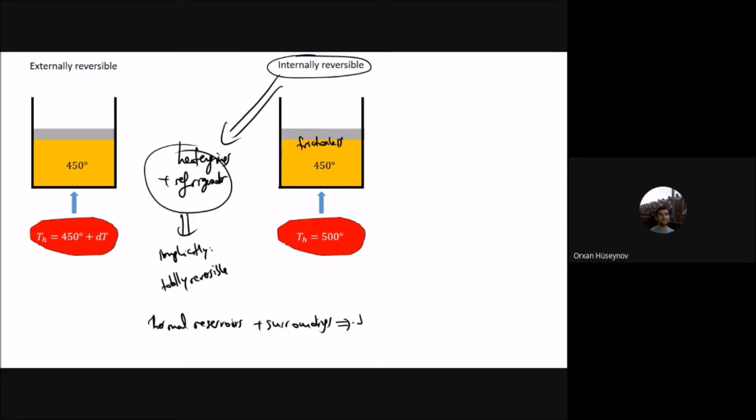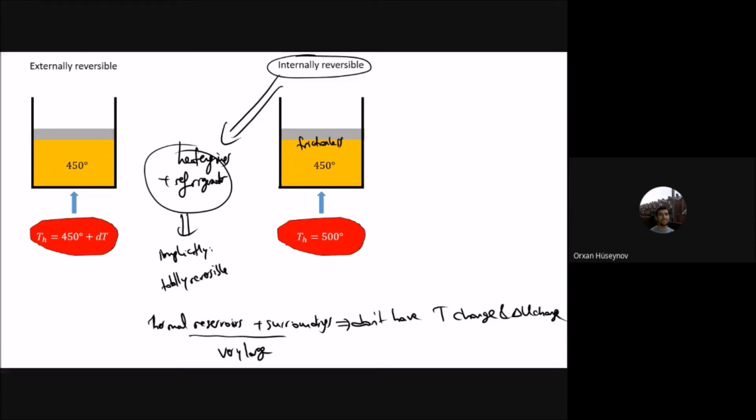they don't have a temperature change, and they also don't have much change in internal energy, okay? Because these are very large systems, because the thermal reservoir and the surroundings are very large.